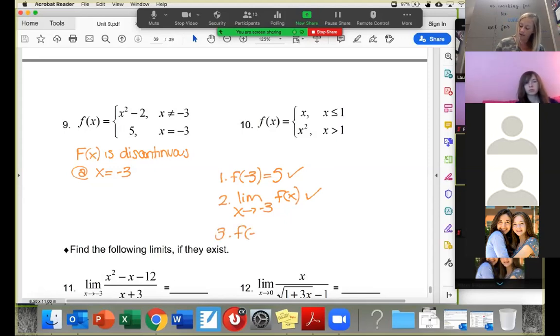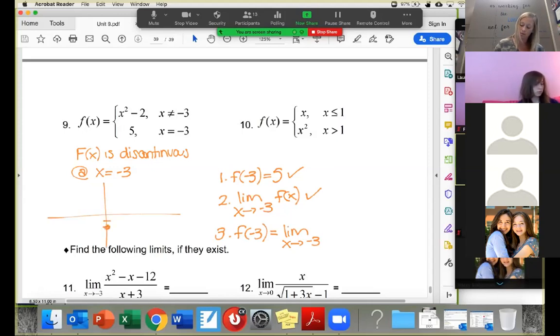Does f of -3 equal the limit? Anyone know? According to that graph that we had, does f of -3 equal the limit?